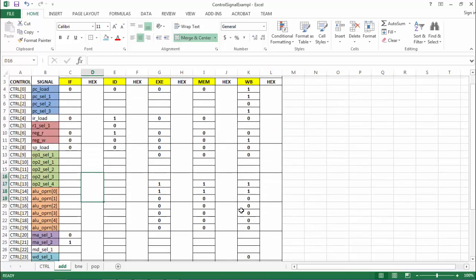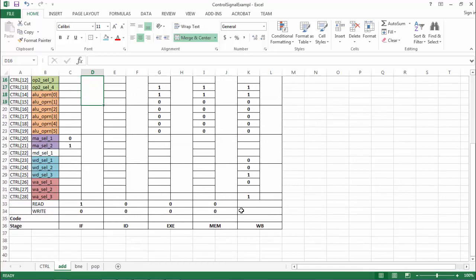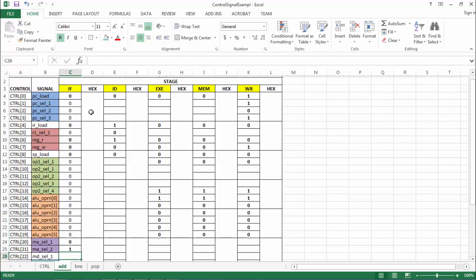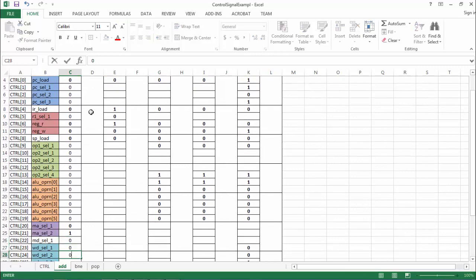Once we have determined these important signals, everything else is a don't care for me, and don't care we replace by 0. So 0 0 0 0, 0 0 0, 0.